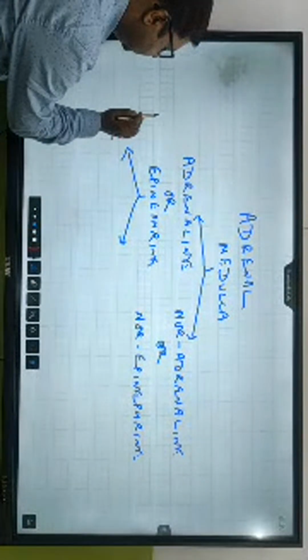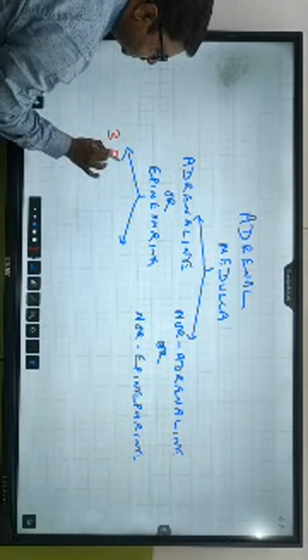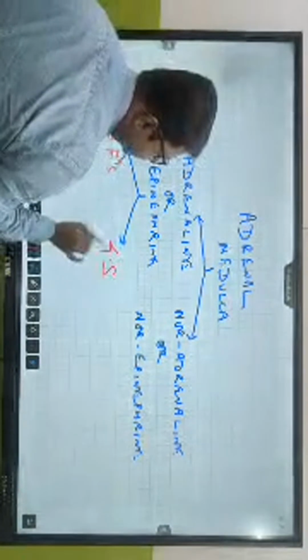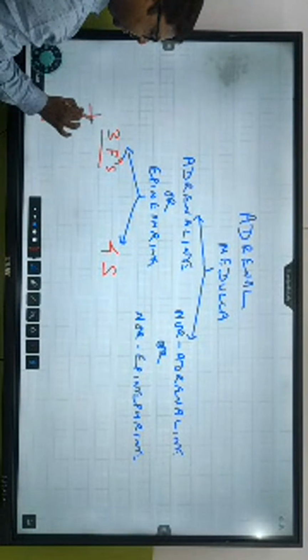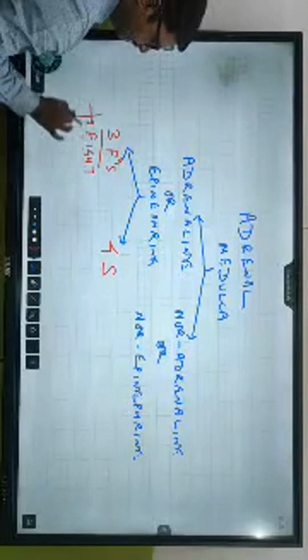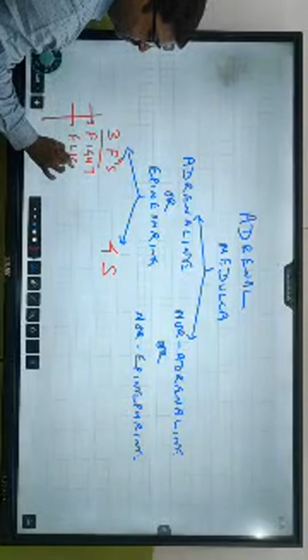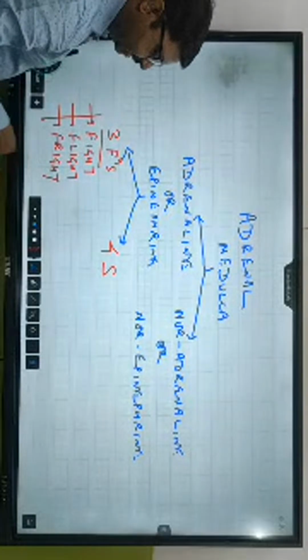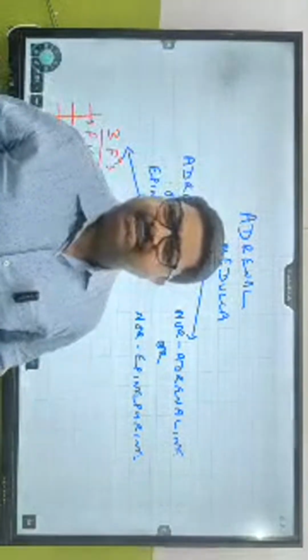First, there are 3 F's and 4 S's. 3 F's. What are 3 F's? Fight, flight, and fright. So normally it is called as stress hormone.